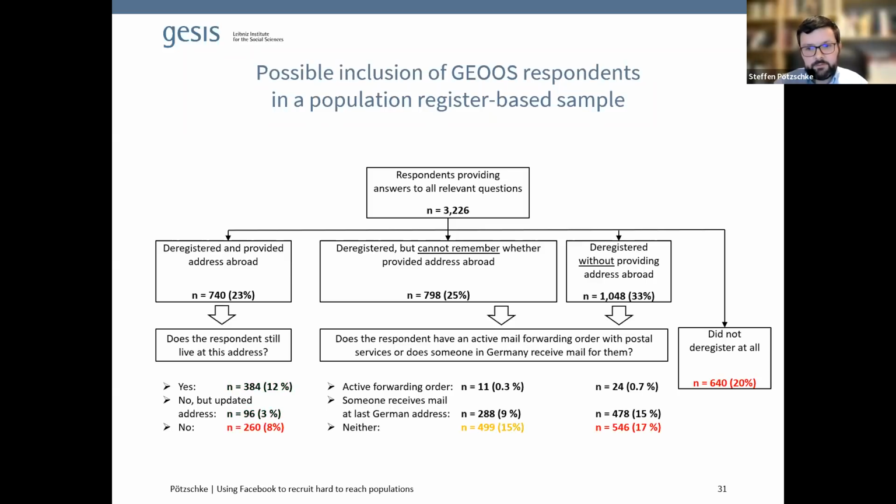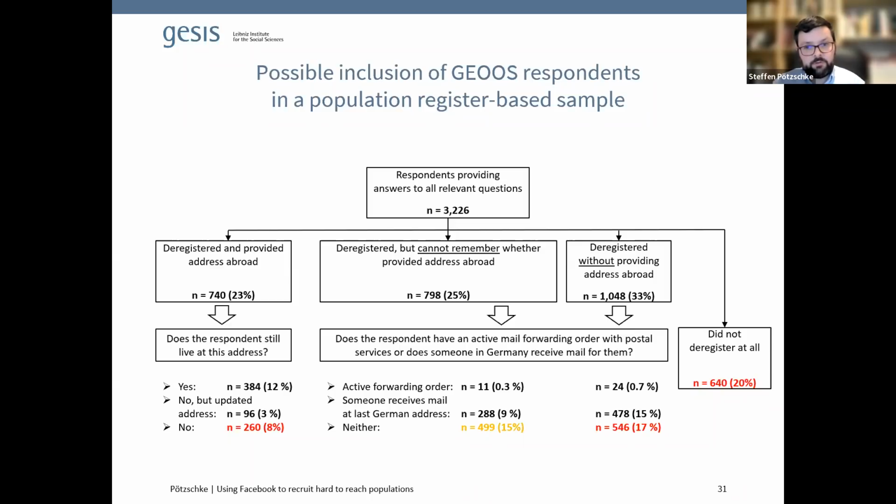On the other hand, we have 20% of respondents who didn't deregister at all. Then we have another 8% who did deregister and also provided an address, but are no longer living at this address and also did not update their information. We couldn't reach them. And we have also 17% of our sample who did not provide an address abroad, nor could they be reached via their old address in Germany.